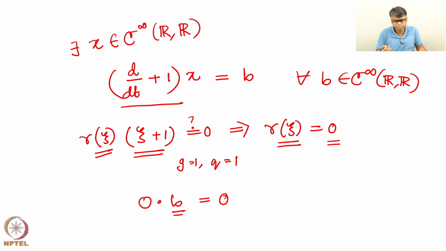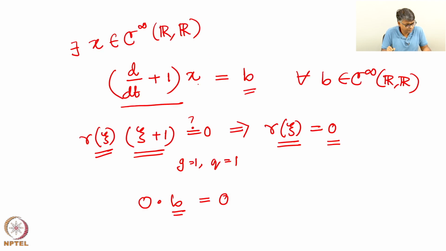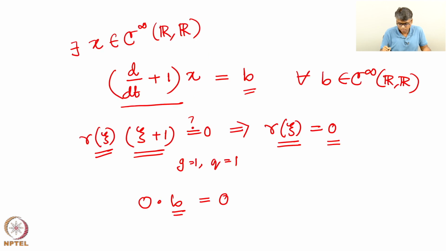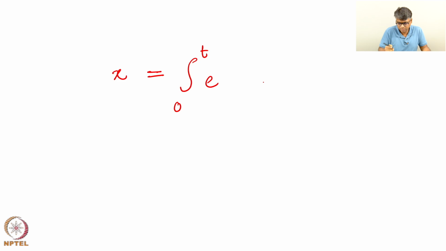But it should not come to you as a surprise, because you know how to solve for this. Well, you just use the convolution integral. This X will actually be given by the integral from 0 to t of e to the power minus (t minus tau) times b(tau) d tau.